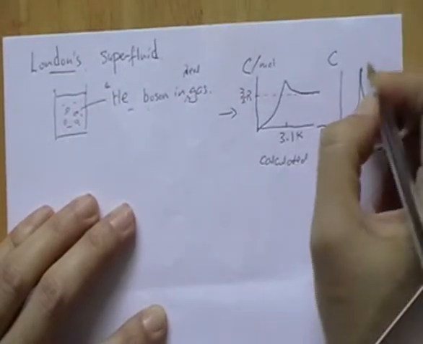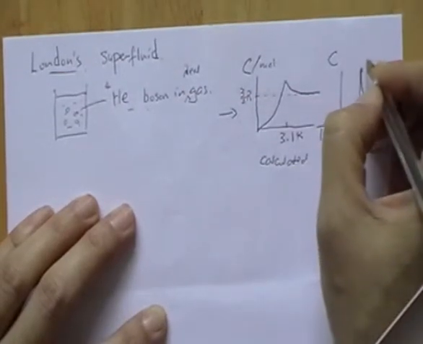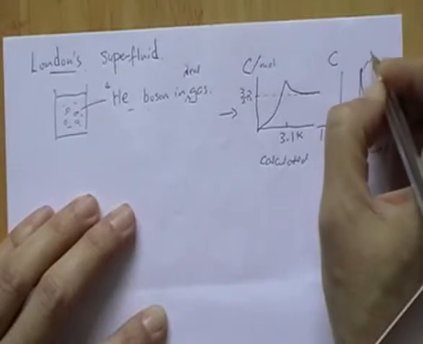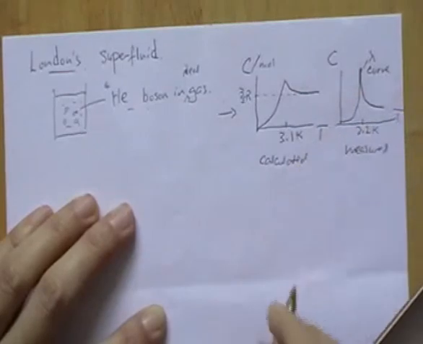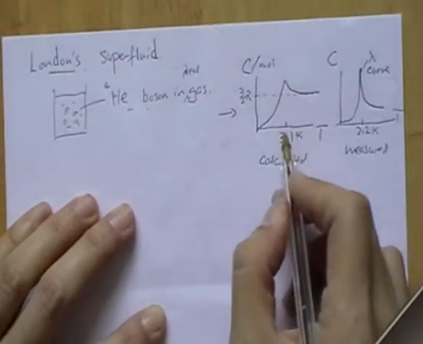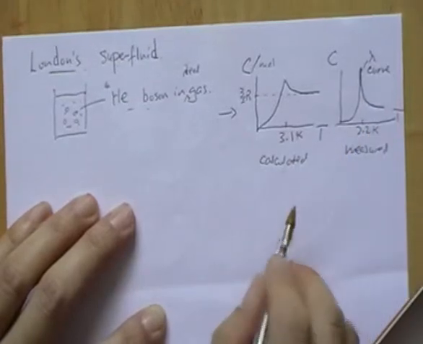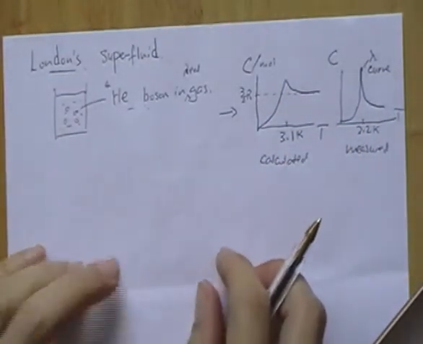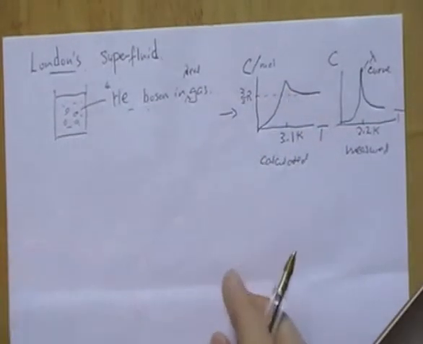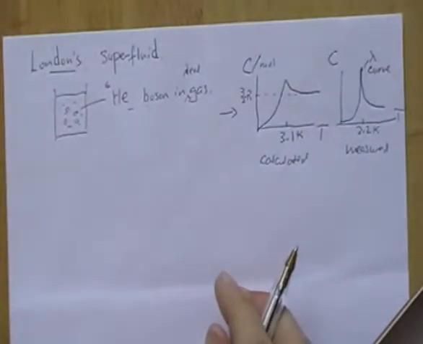So that's our lambda point, our lambda curve, because it looks like lambda. So it looks similar, all right, even though there's some difference in the temperature and the shape, as well as in the nature of the transition, which we shan't go into.